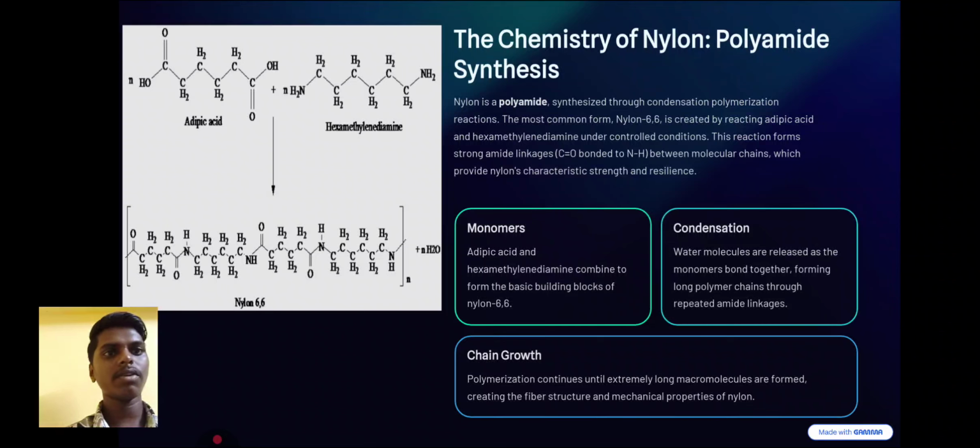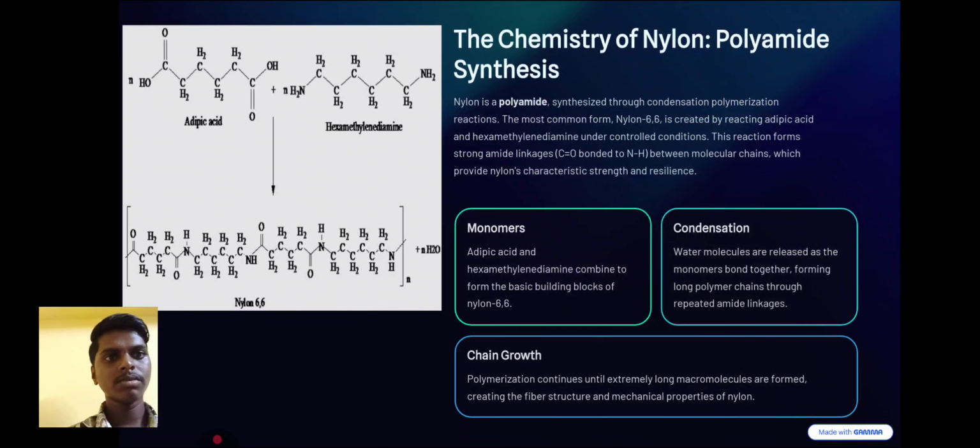This reaction forms strong amide linkages, C=O bonded to NH, between molecular chains, which provide nylon's characteristic strength and resilience.